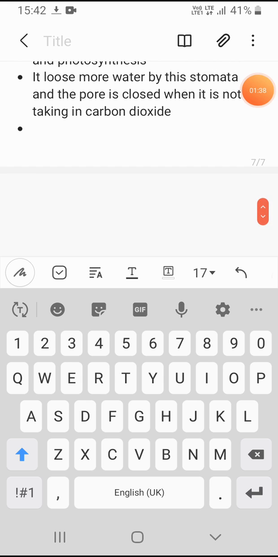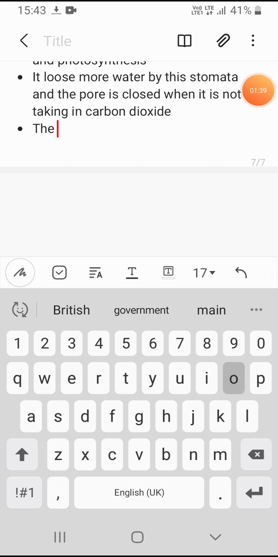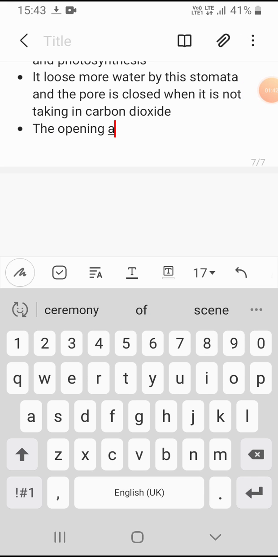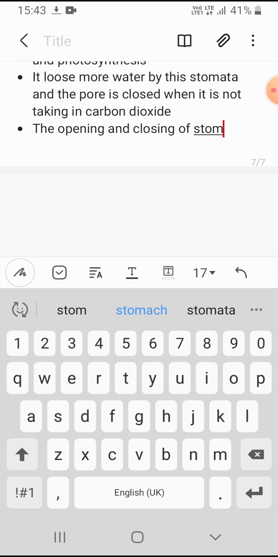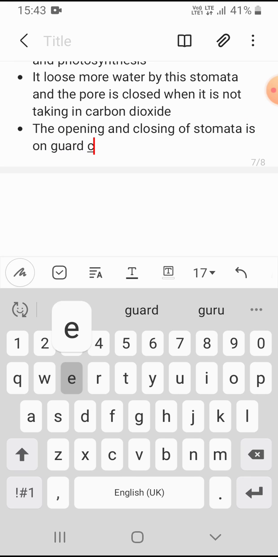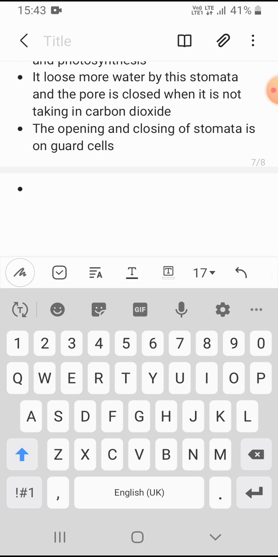The opening and closing of stomata depends on the guard cells. The guard cells open and close the stomata.